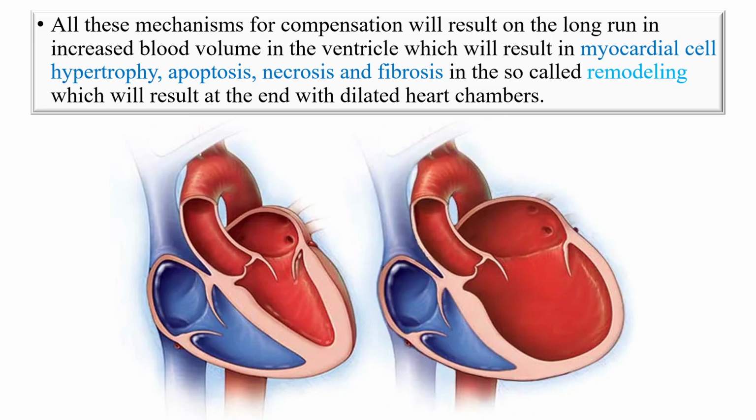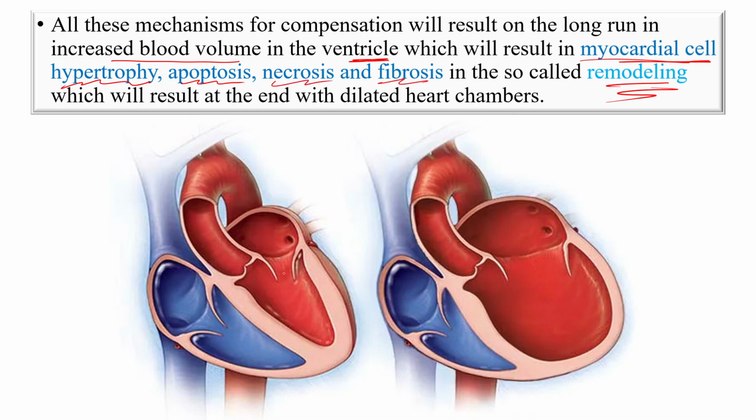Thus, I'm putting the patient in a volume overload state that at the end will result in remodeling. What is remodeling? This increased volume of blood in the ventricle will result in myocardial cell hypertrophy, apoptosis, necrosis, and fibrosis.